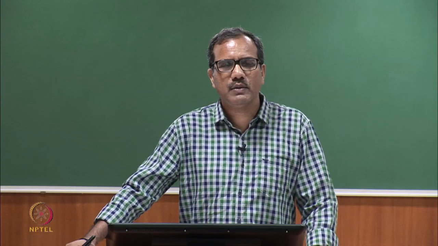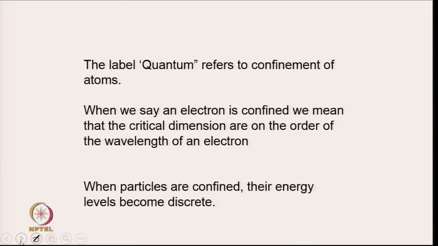So, what does the word quantum mean here? Quantum level basically refers to confinement. When I say that a quantum dot is 0 dimension, what I mean is that the material is confined in all 3 dimensions.